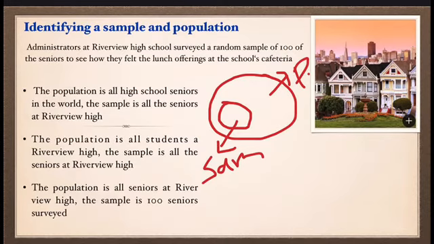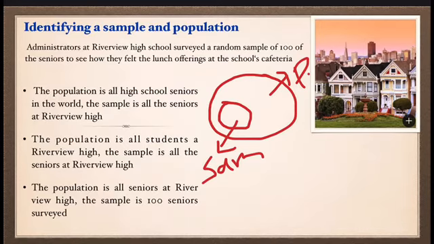So all the seniors of River High School are the population, and the sample is 100 of the seniors. Now let's identify the population and the sample in this setting.